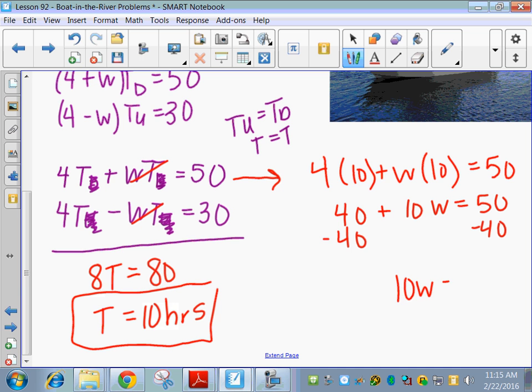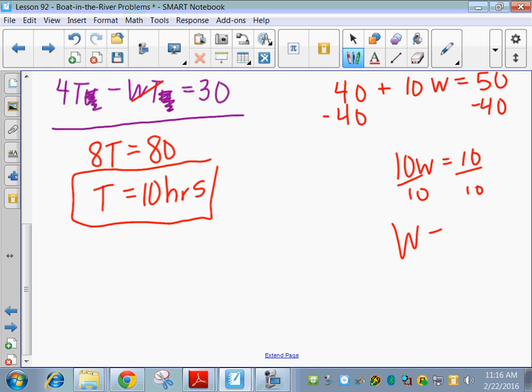So 10W equals 10. Divide both sides by 10. So W equals 1. What does W even stand for? It stands for the speed of the water, or the current. So this would be miles per hour. So the water is moving at 1 mile per hour. And that's all we had to find for the first one.